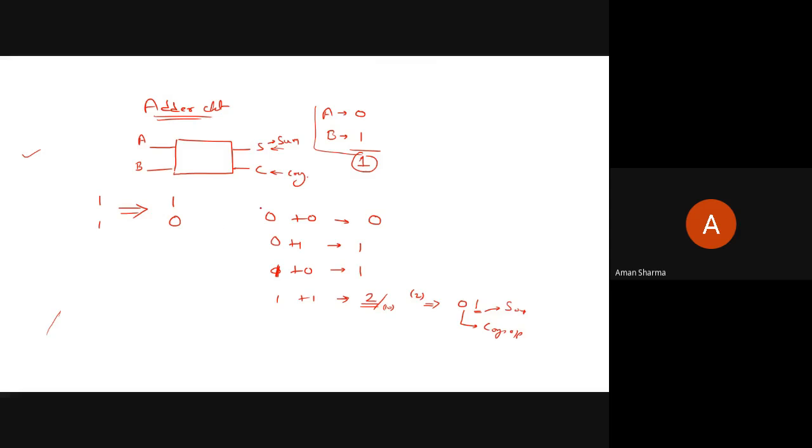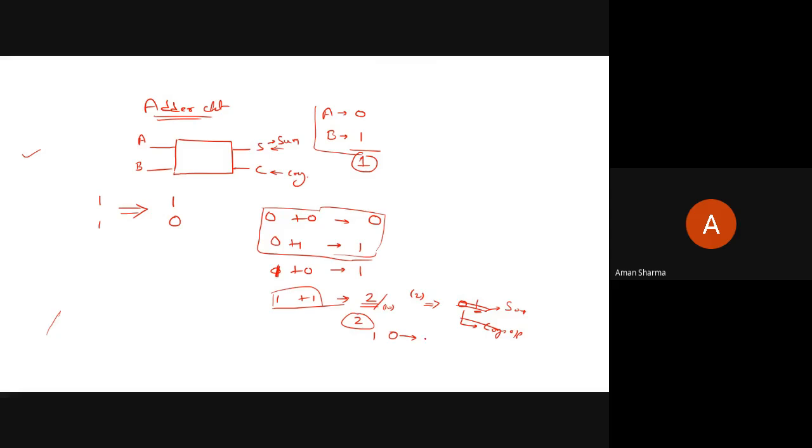If you are paying attention throughout my sessions, just remember this: whenever two same bits, 1 and 1, are added, one bit generates sum and one bit generates carry. Just a moment, this is not 0 1, this will be 2, that is given as 1 0.